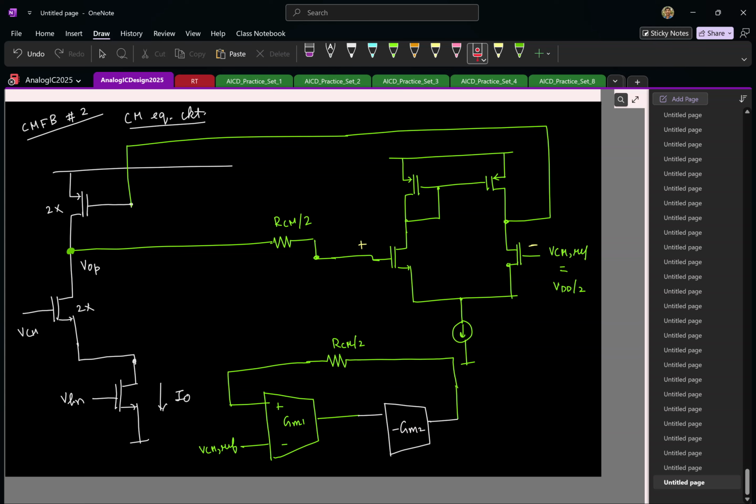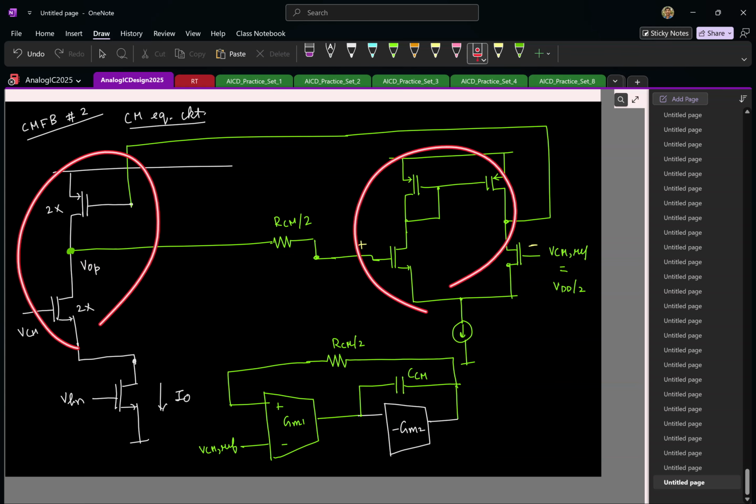So what do I do for Miller compensation? Across the second stage GM2, I go and put a capacitor. I'll call it CCM because it is for the common mode picture.